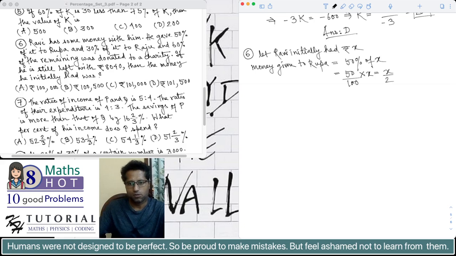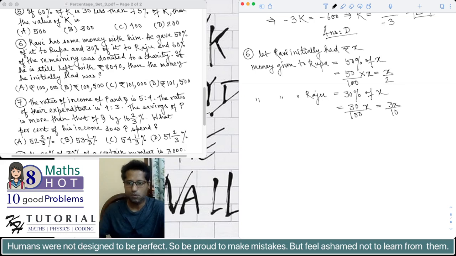Also, money given to Raju is 30% of the original money, that is 30% of X. This is equal to 30 by 100 X. This is equal to 3X by 10.